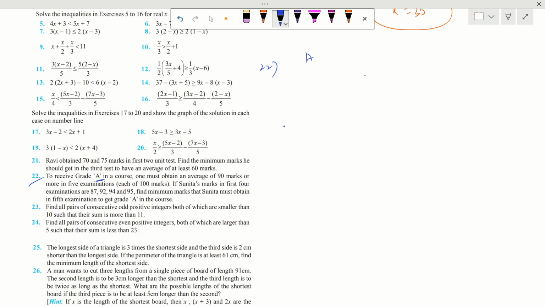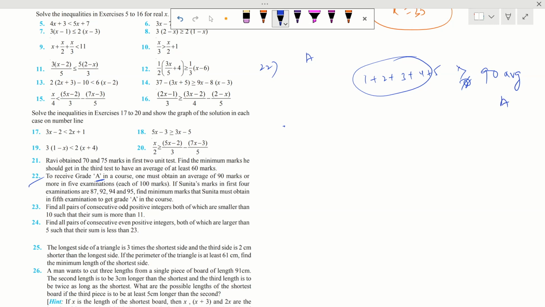Okay, so 5 examinations, 1, 2, 3, 4, and 5. If we take the marks of all 5 examinations, it should be an average of 90 to get an A grade.